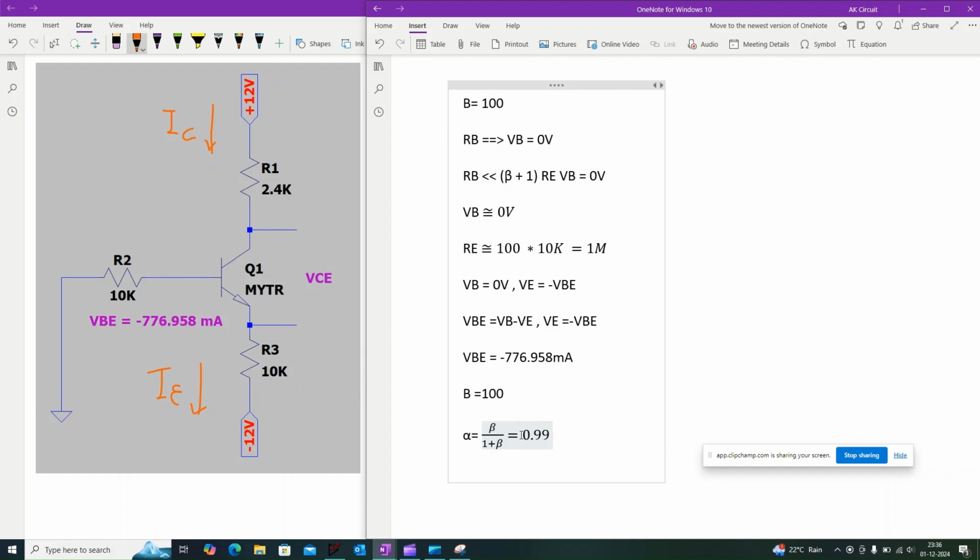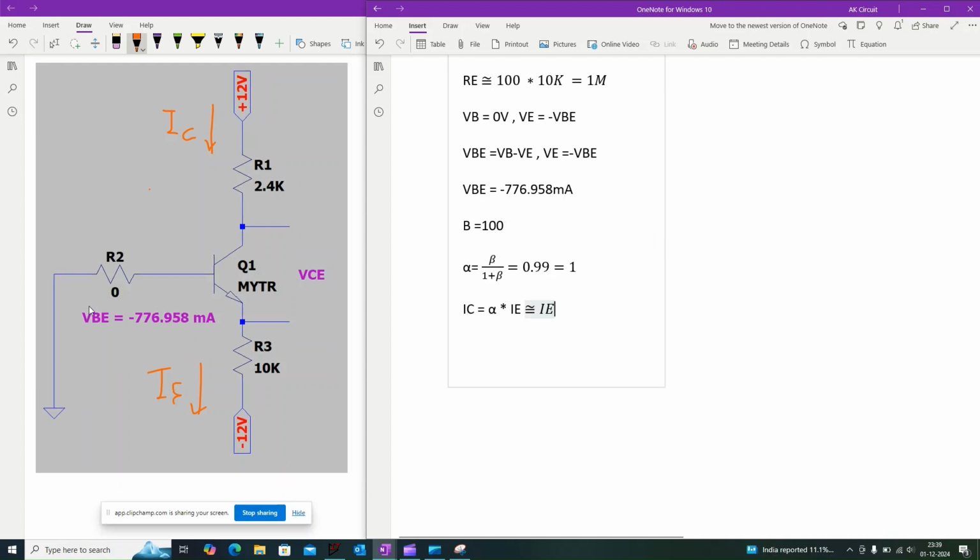So it is approximately equal to 1. As you know, IC is equal to alpha times IE, so we can tell IC is approximately equal to IE.